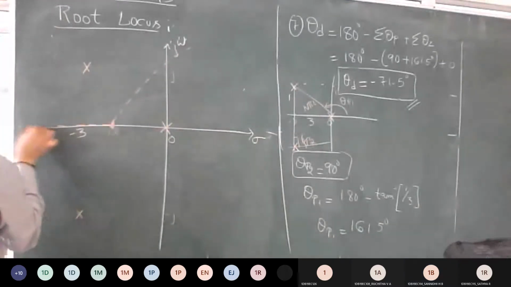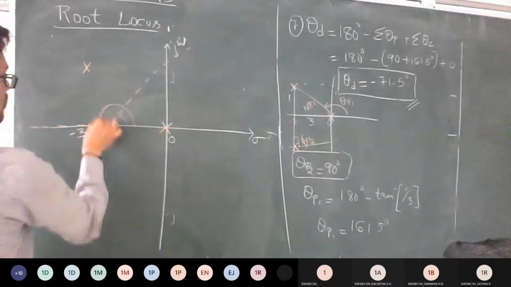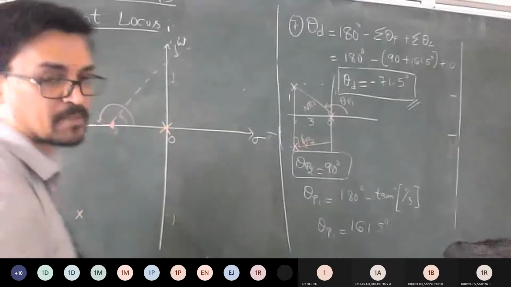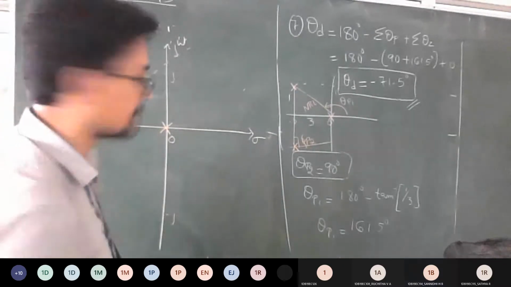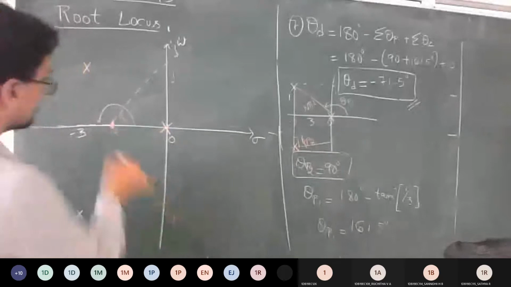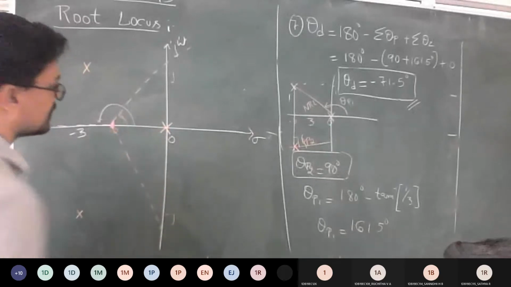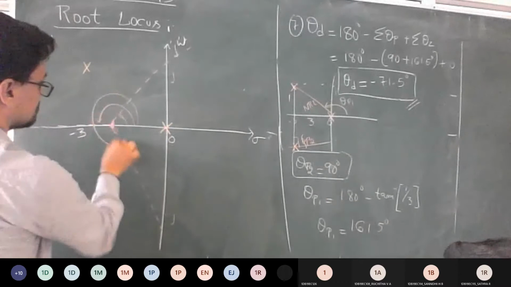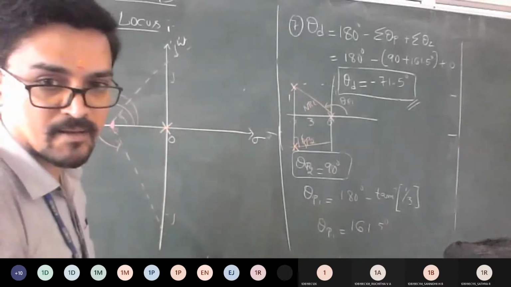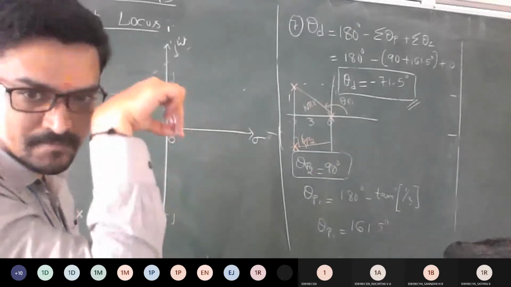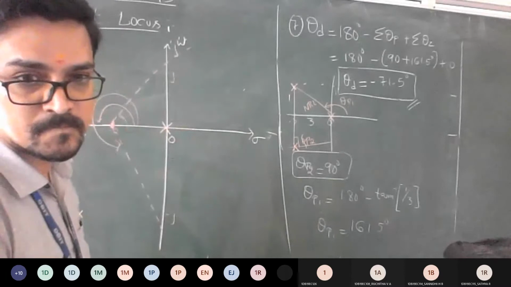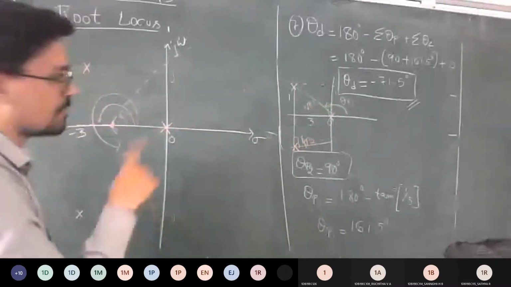So 60, 180, and one more, 300. Is it coming in this way? Yes or no? Is it okay, angle of asymptotes, to everyone? Good. So we have marked things.